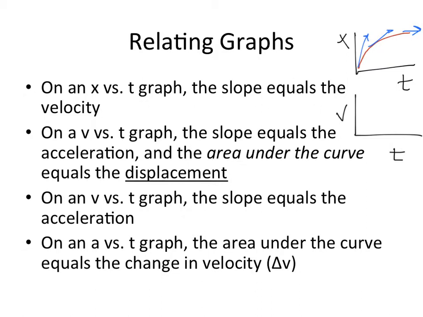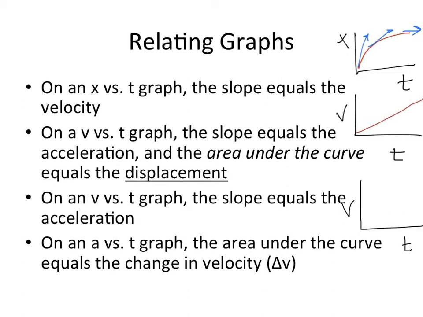All right, if we have an acceleration versus time graph, oh, I'm sorry, I didn't want to do that. A velocity versus time graph. If I just drew that, I could have just drawn on it before. The slope equals the acceleration. Well, so that means I should have just drawn it up here.